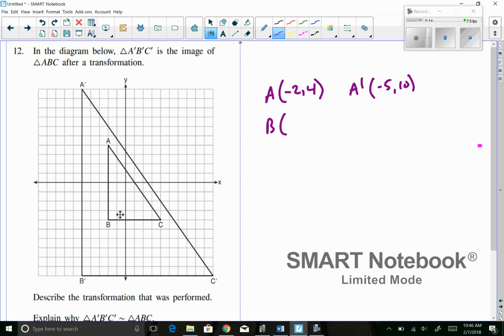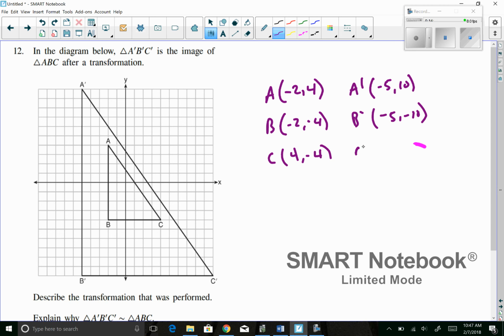B is -2, -4. B prime is -5, -10. C is 4, -4. And C prime is 10, -10.